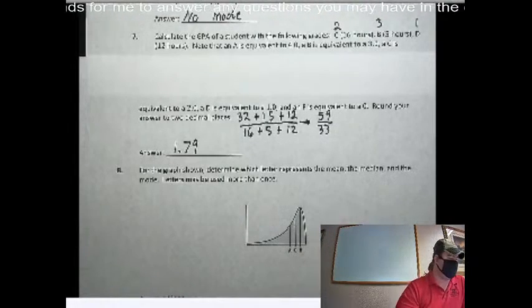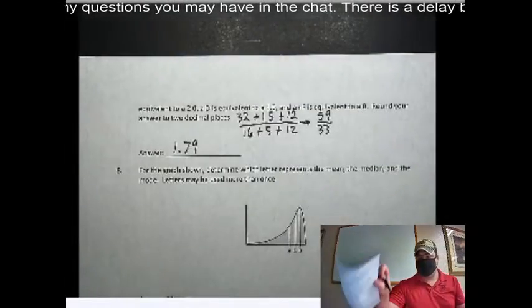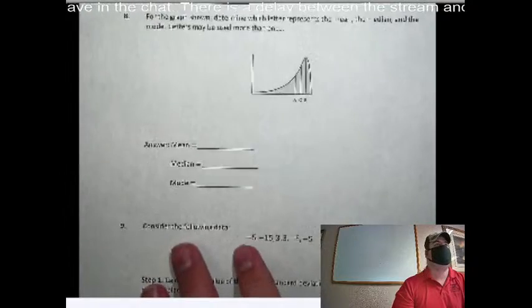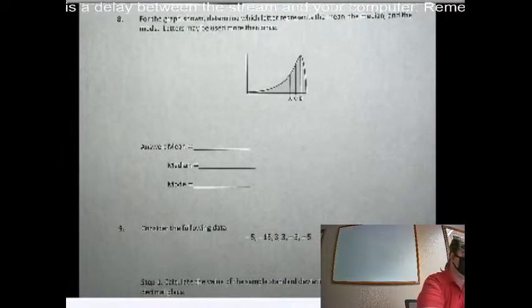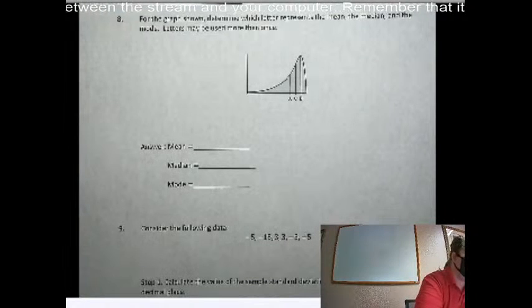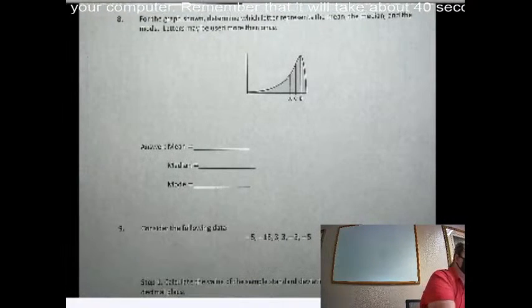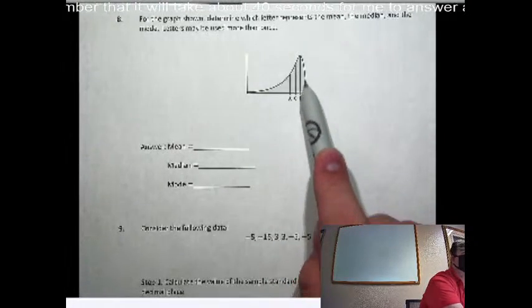Any questions on that one? All right. So next one, we've got a graph. It says, for the graph shown, determine which letter represents the mean, the median, and the mode. Letters can be used more than once. This is a frequency distribution.